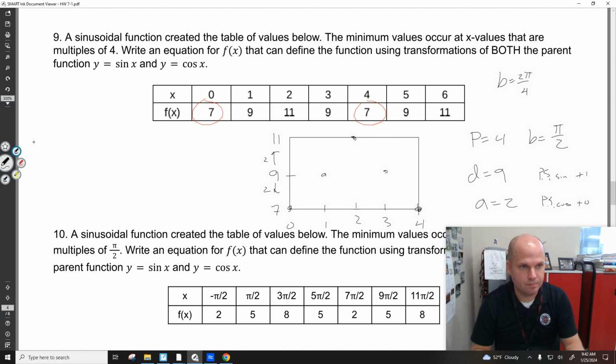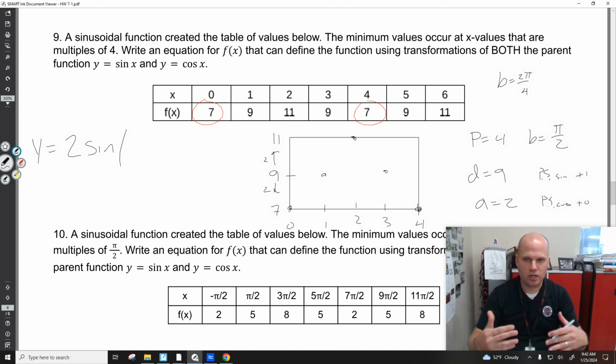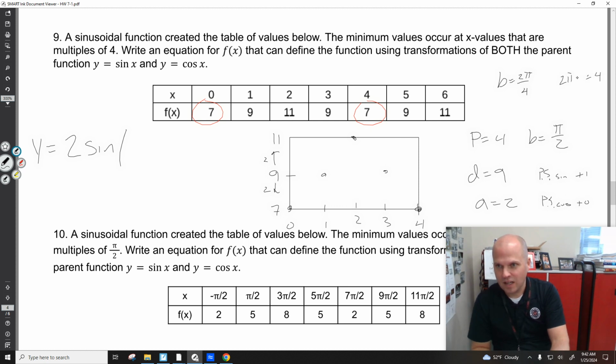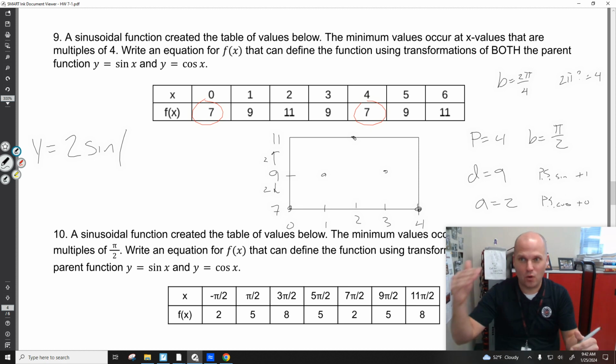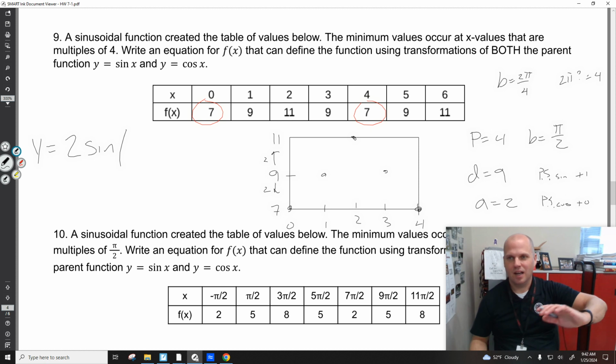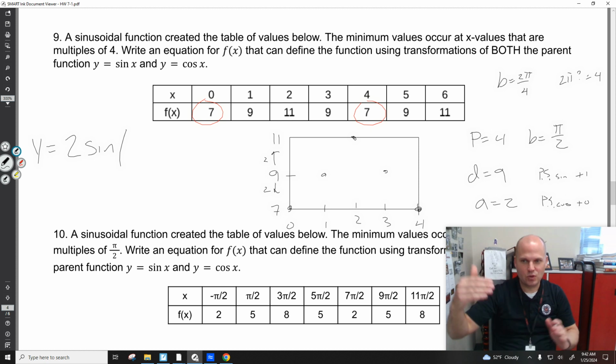So A sine B, which is adjusting 2 pi to turn it into 4. I need to divide by 2 pi, so I get 4 over pi. But dividing by 4 over 2 pi is like 2 over pi.